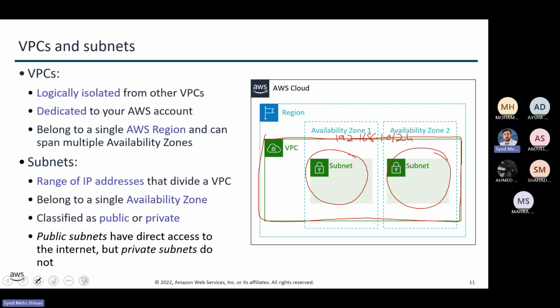So then you need to divide this VPC into two subnets. Okay, so the subnet 1, you can go for the subnet 1. Let's suppose how we can divide this IP, 192.168.1.0, into two subnets.